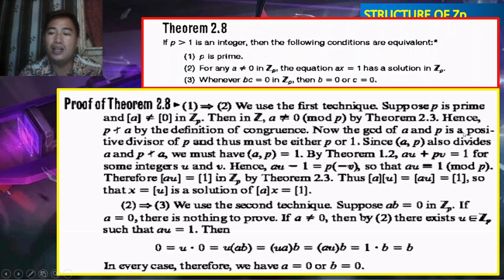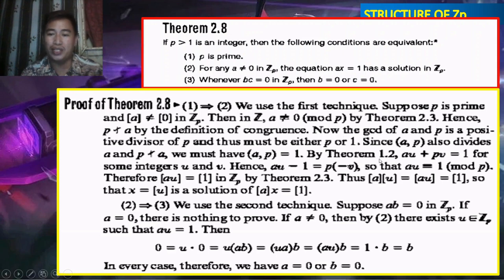So the only possible divisors of P are P itself or 1, because P is prime. Since the GCD also divides A, and P does not divide A, it cannot be P. So we must have GCD of A and P equal to 1. Got it? Okay, sir.